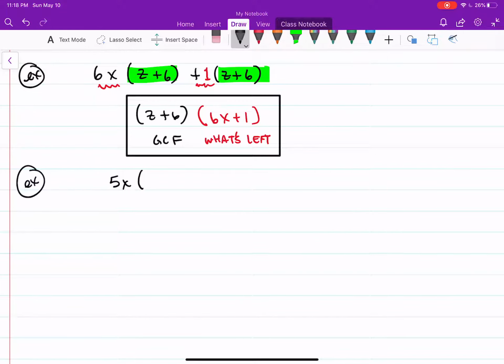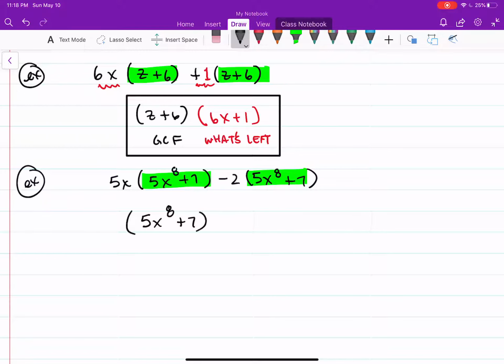5x times 5x to the 8th plus 7, minus 2 times 5x to the 8th plus 7. Okay, so I got 2 bins. What's in common? These 2 parentheses. Look, this is exactly the same, right? So my GCF is going to be 5x to the 8th plus 7.